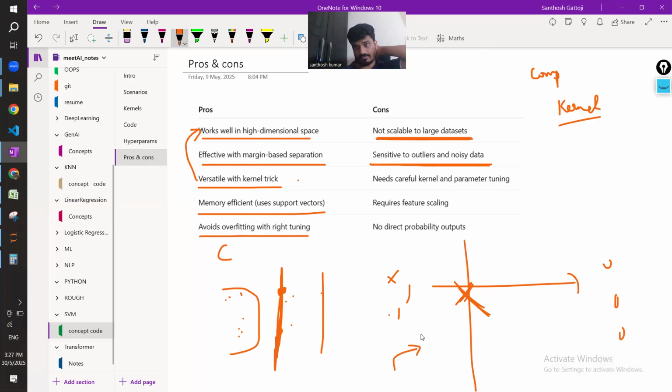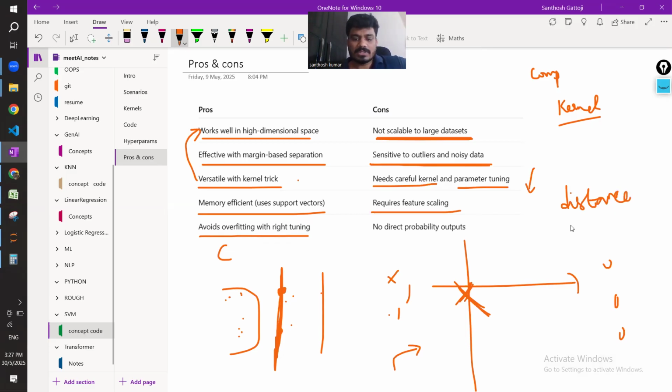You need to be careful while using kernels. You need to decide which kernel to use, and parameter tuning might be required. It also requires feature scaling, because this is related to distance. Any model which involves distance needs to be scaled.